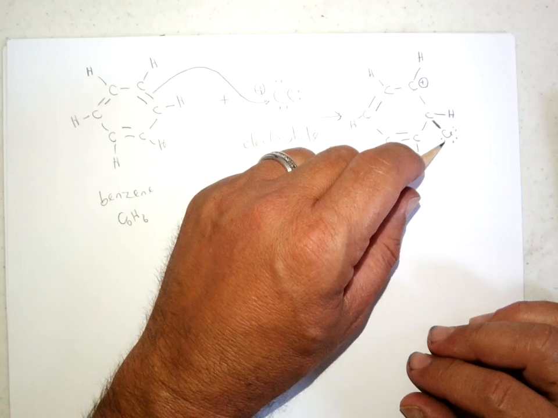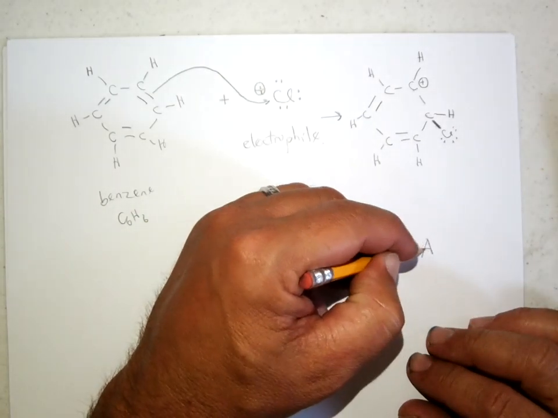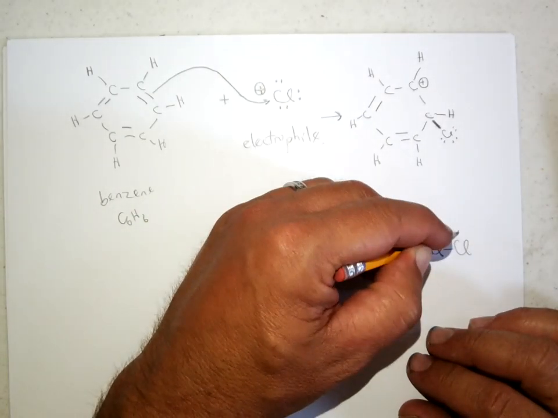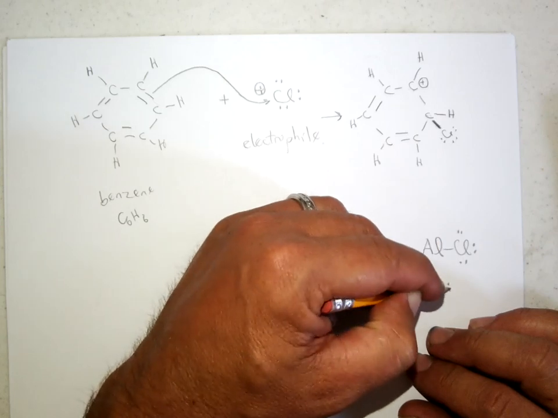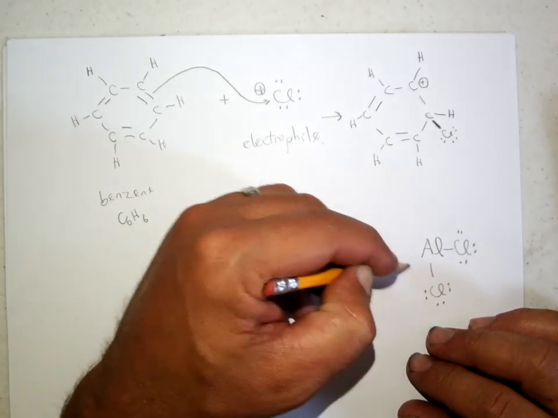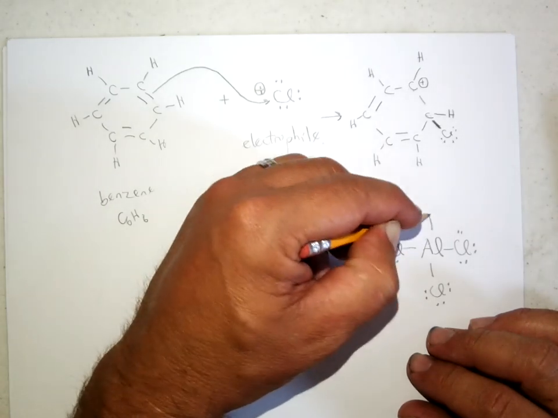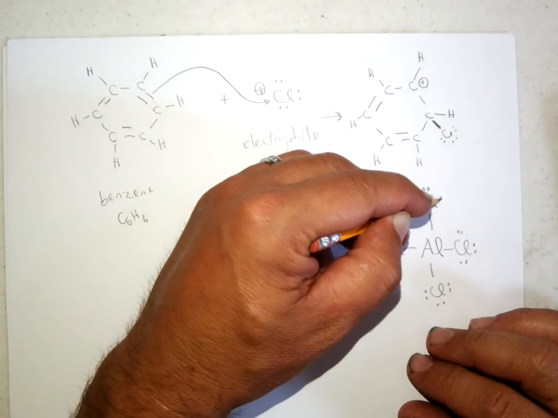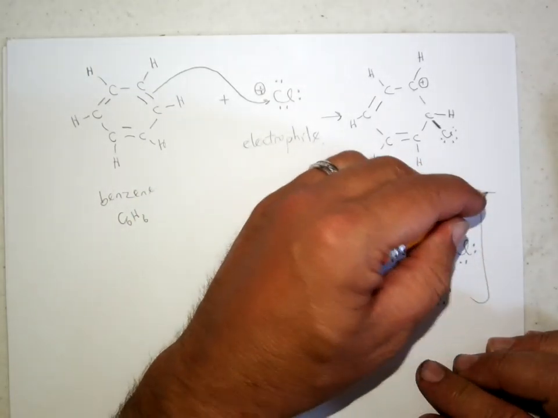We added in the chlorine plus. We're going to now remove an H plus. So the thing that is kicking around that would be a modest base and be able to get that H plus off is this tetrachloroaluminate. A big old minus there.